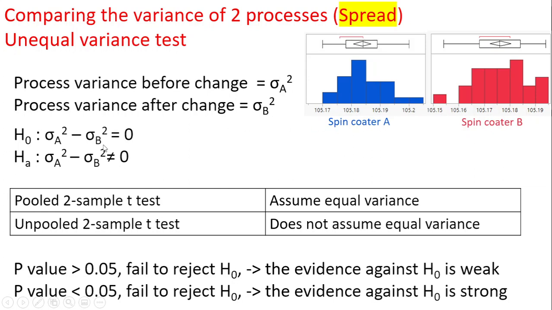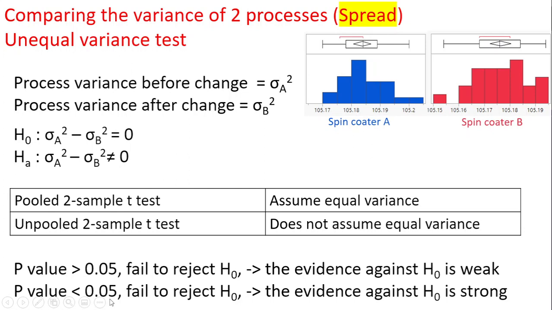So basically in this case the null hypothesis will be that the difference between the variance is 0, and the alternate hypothesis will be that the difference between the variance is not 0. And similar to the previous discussions, if your p-value is greater than 0.05, then you fail to reject the null hypothesis because the evidence that you have against the null hypothesis is weak.